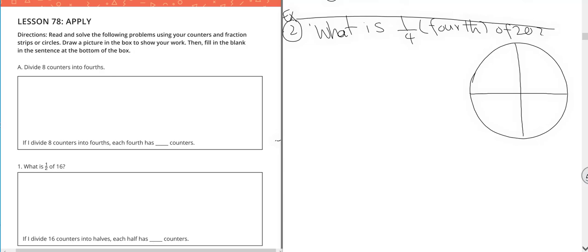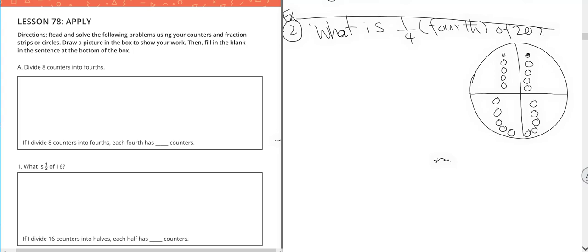If we have 20 counters, we distribute them among 4 equal parts. 1, 2, 3, 4, 5, 6, 7, 8, 9, 10, 11, 12, 13, 14, 15, 16, 17, 18, 19, 20.